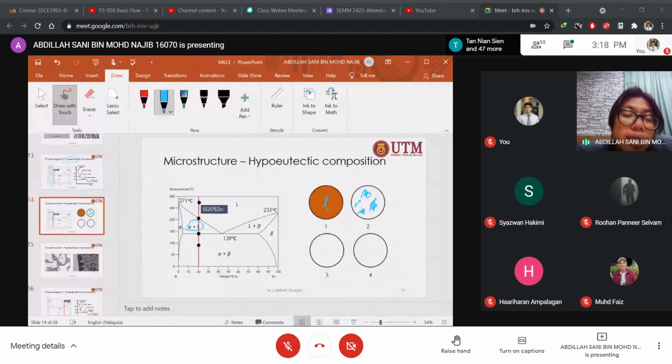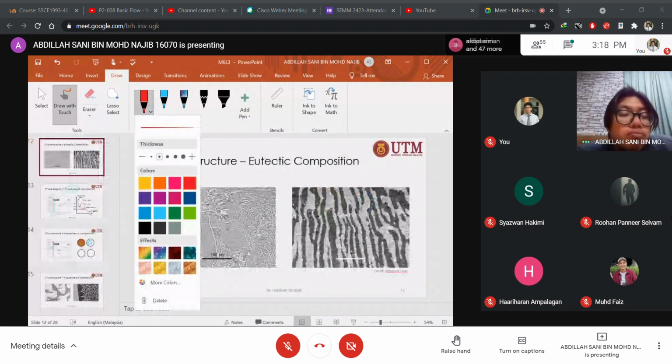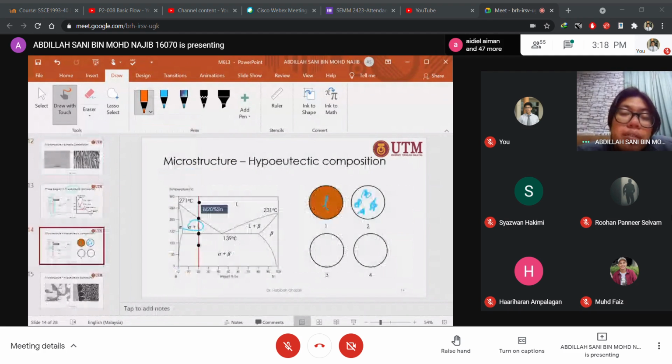the remaining liquid, because this one is not 100% solid yet, we have an ample amount of liquid still. Now the remaining liquid undergoes the eutectic transformation, from the liquid to two kinds of solid.